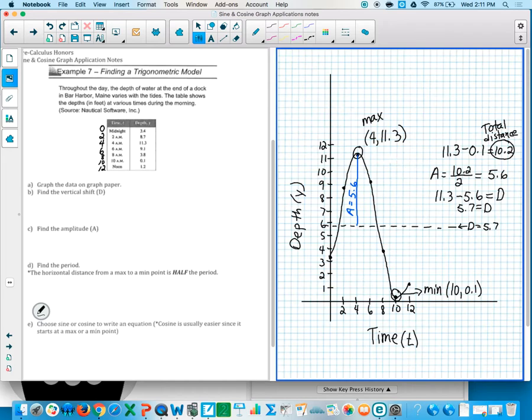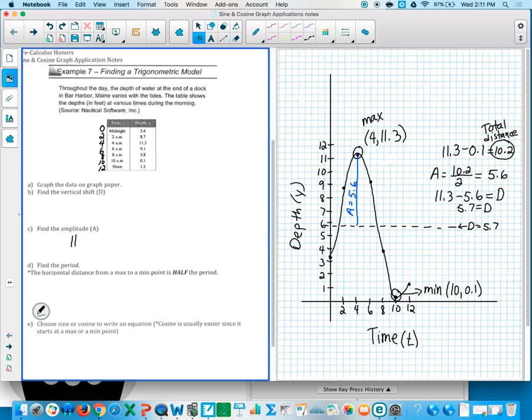So you take your max y value, subtract off your min, and then cut that in half. Okay, so if we get that total distance, we cut it in half, that gives us our amplitude.